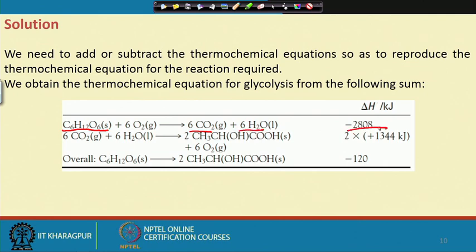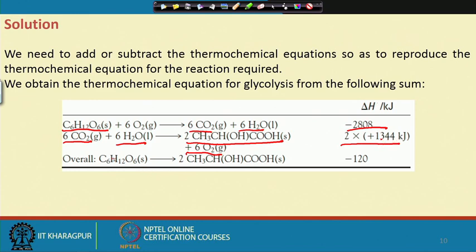Now, 6 moles of carbon dioxide and 6 moles of water can produce 2 moles of lactic acid and 6 moles of oxygen, and that requires the enthalpy 2 into plus, because it was minus previously. Since it is the reverse direction, it will be plus. Previously it was the degradation, now it is the formation, so it is plus 1344.